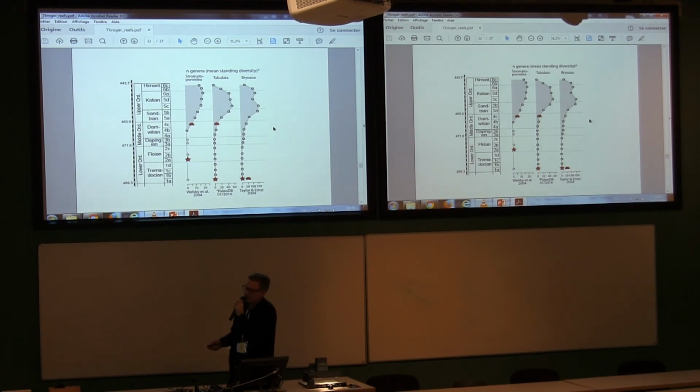The first appearance in the fossil record was often low in the Tremadocian, maybe they are even older, but they diversified in the Darriwilian much later and simultaneously. The diversification curves are very, very similar, and the tabulates and the stromatoporoids formed the first reefs at that time, and this was the time of really the wide expansion of all the reefs.